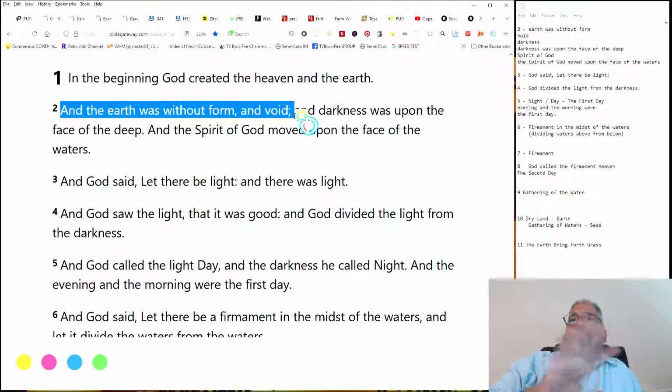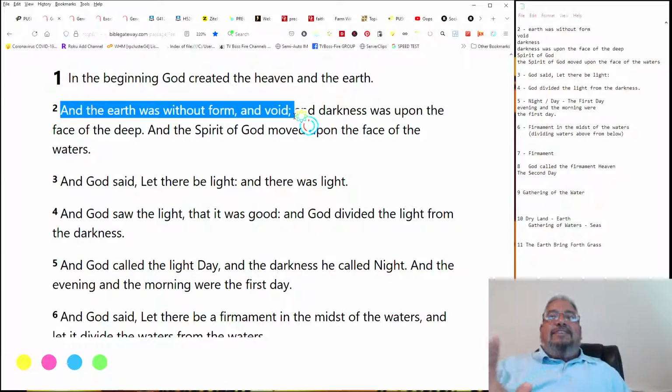Now, this would be a problem. Esto sería un problema normalmente, porque sabemos que Dios no hace esto. Si no fuera por el hecho que después en la Biblia Dios habla de por qué está así. Now, if it wasn't for the fact that later on in Scripture God gives some information about why the earth here is without form and void, right?